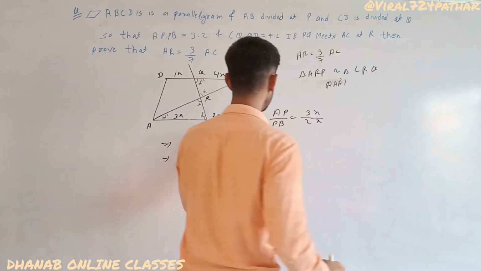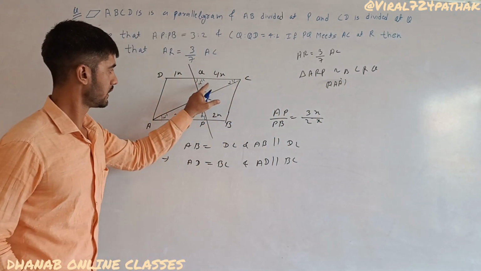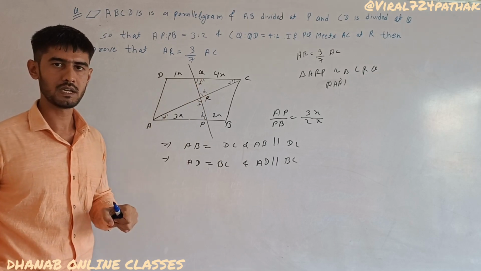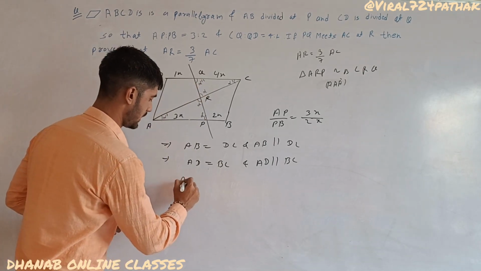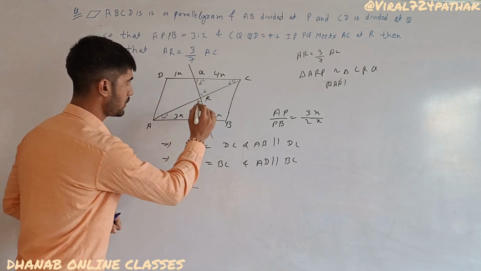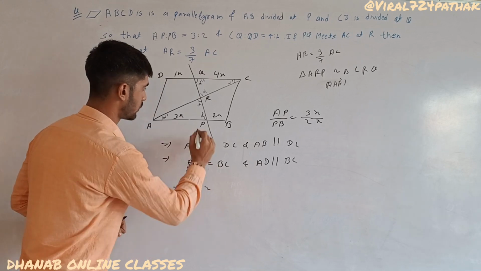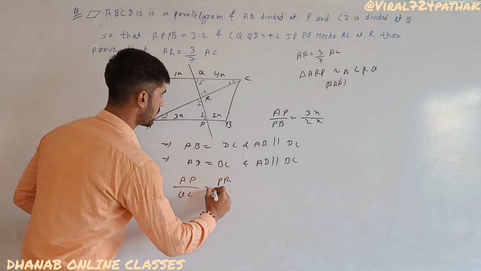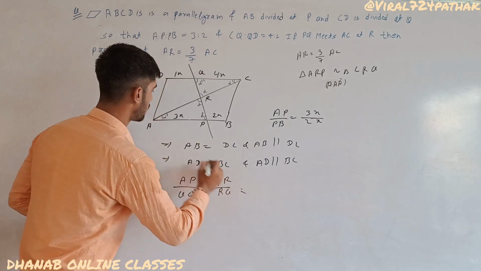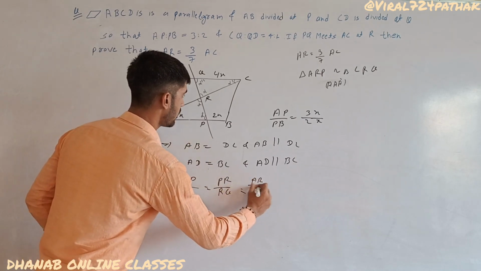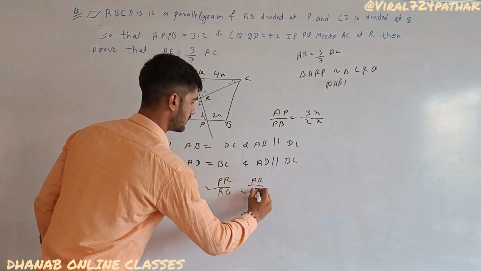Now we can write it in ratio format. Since these two triangles are similar, AP upon QC equals PR upon RQ equals AR upon RC.